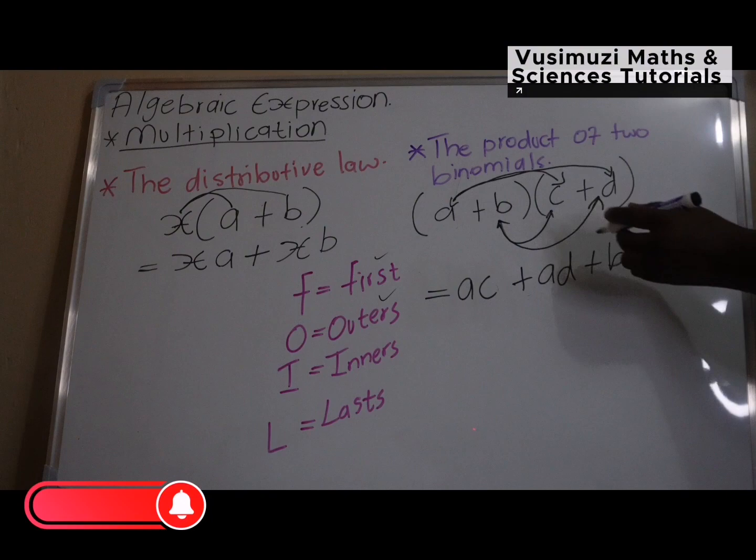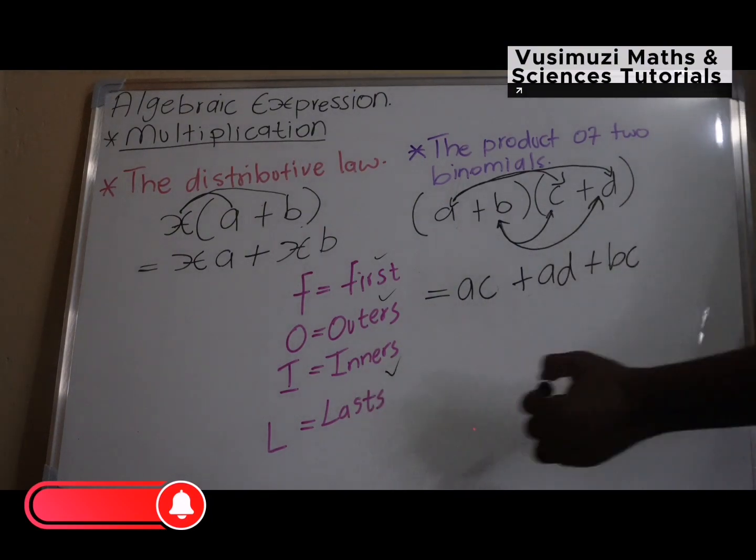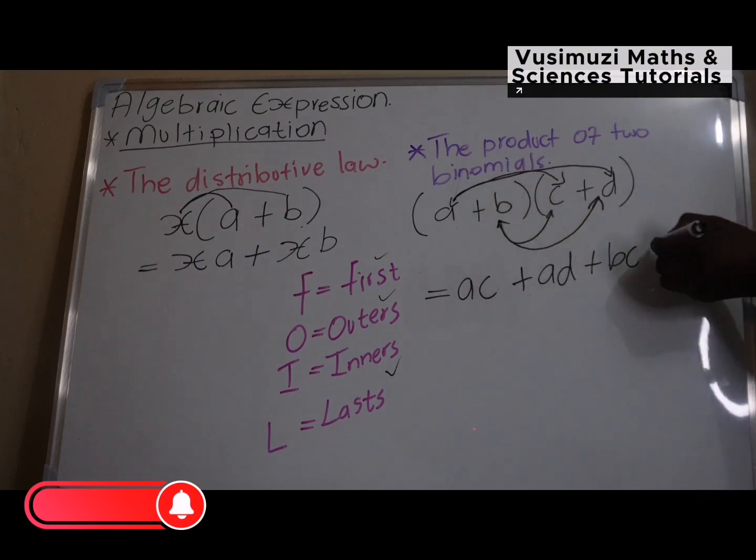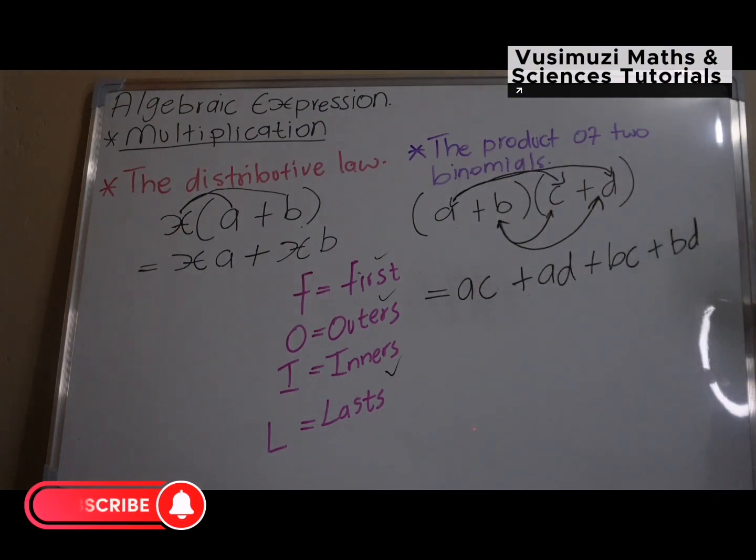Then the last one is lasts, B and D. The signs are the same, you bring it down. B times D is BD. Then you are done. That's how you use FOIL in a product of two binomials, as a principle.